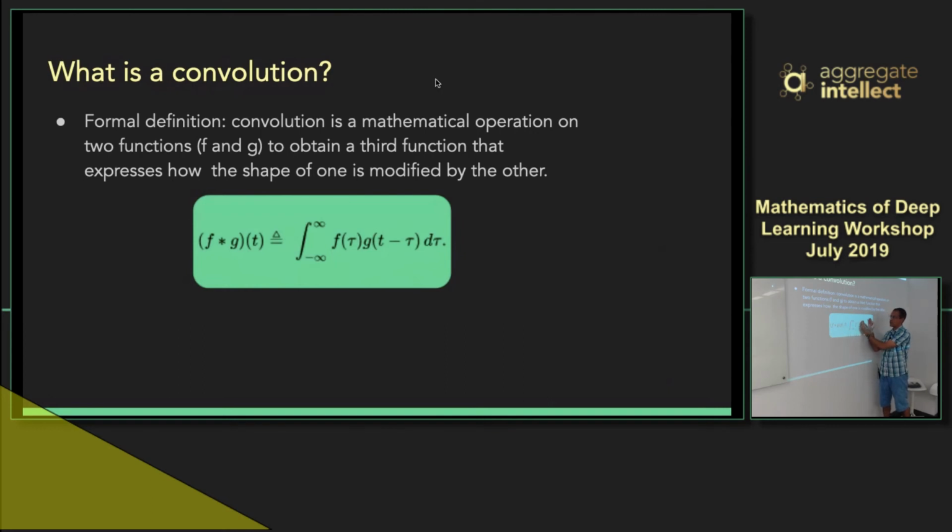And then you slide G to a new t, to a new value. And then again compute, and then multiply the 2 functions and take the integral. That gives you the value of the convolution at the new point, all right?